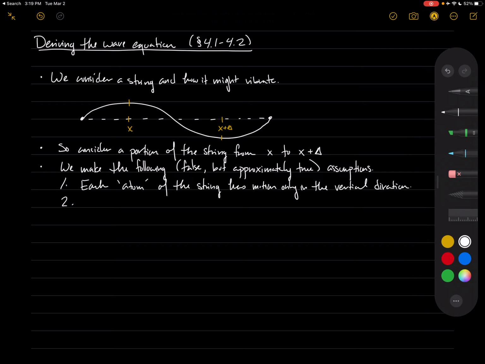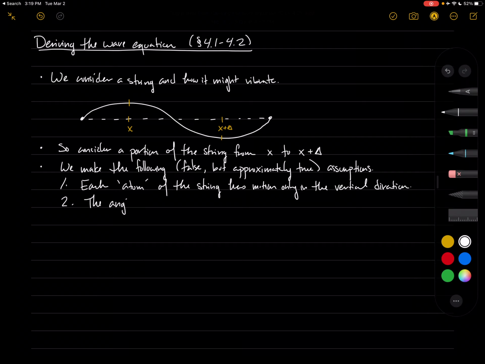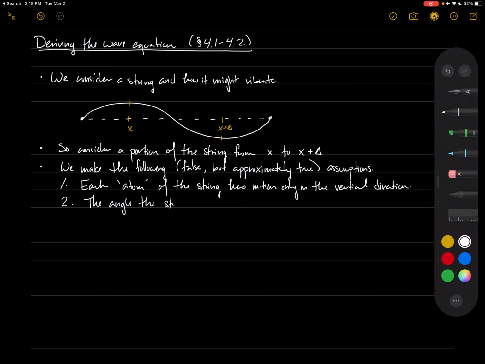Okay, and the second assumption we're going to make, which is similar, is that the angle the string makes with the horizontal at any point is also negligible.